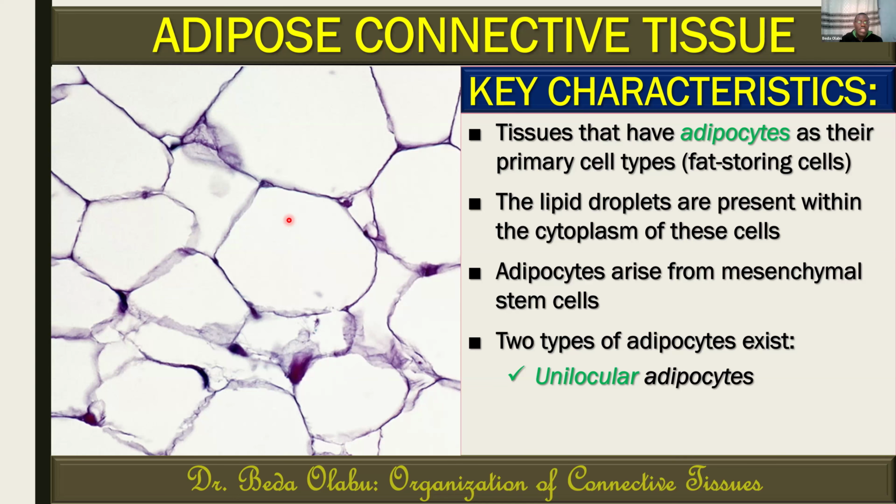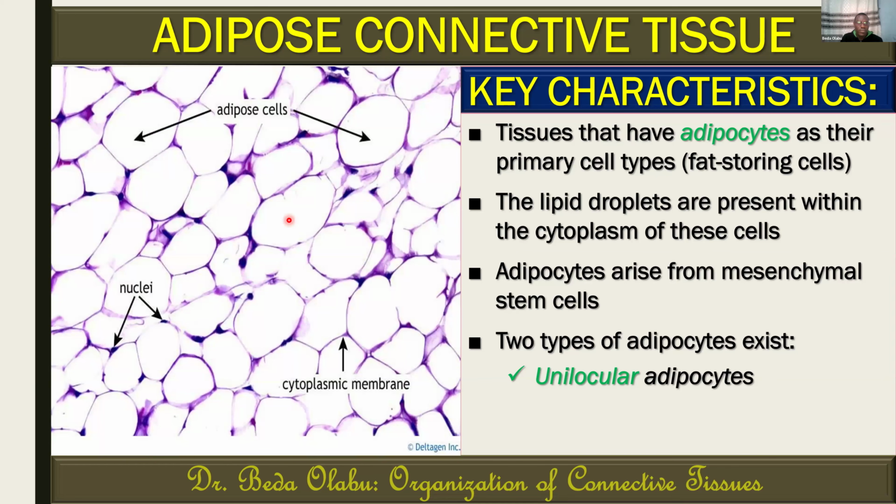And so the slides I'm showing you, either this or the previous one, have adipocytes with empty spaces within them, because the fat that was occupying that space has been dissolved and washed away by the chemicals used during the preparation of the slides.